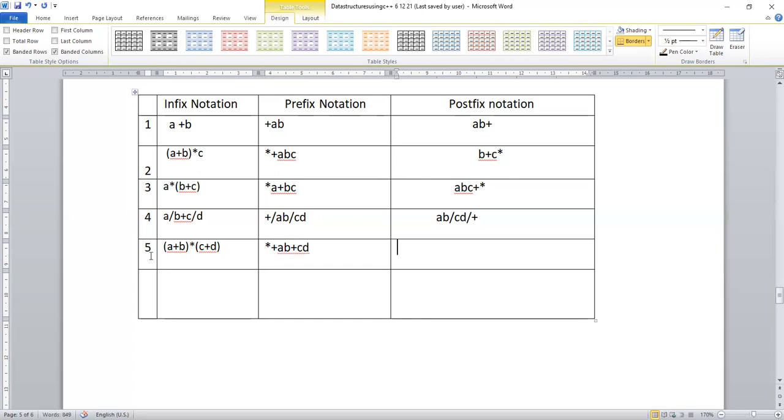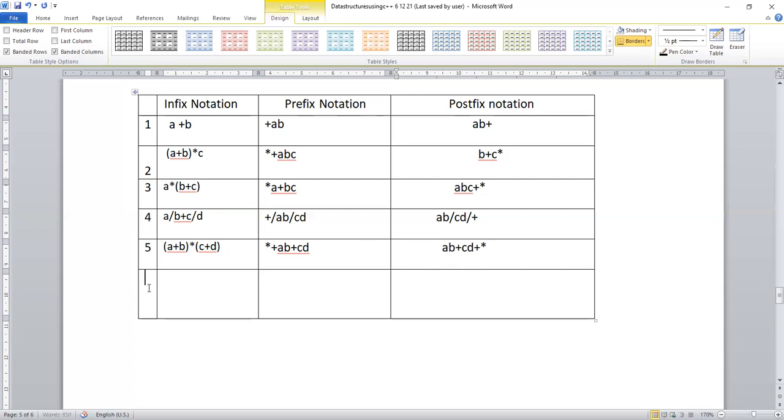Whereas the same thing can be written in postfix as AB plus CD plus asterisk.